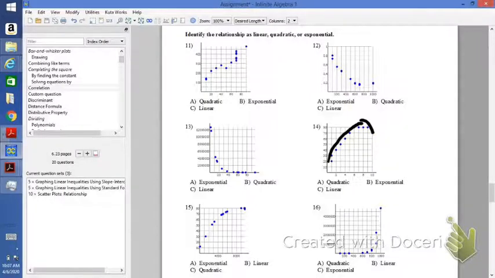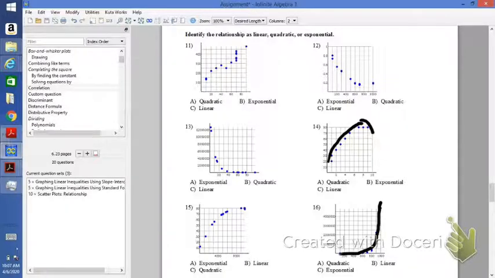That's an example of a quadratic. Now, in number 16, it looks like half of a U, but it doesn't have that little hook. So we would say that this would be exponential.